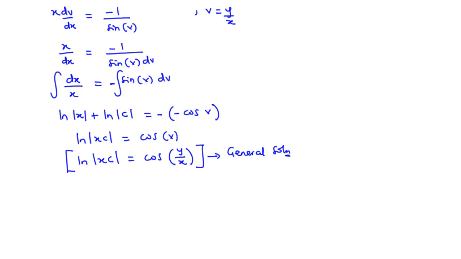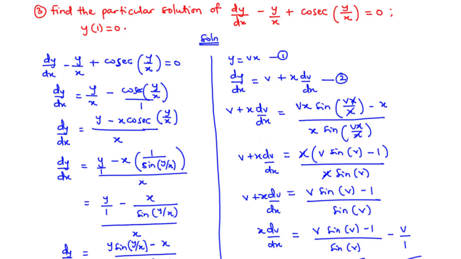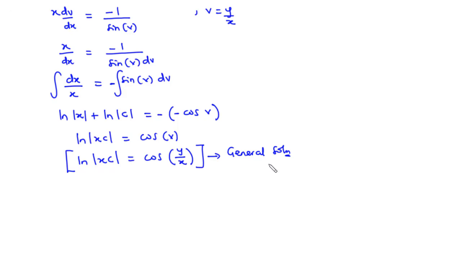Now, we were given the initial value condition, y of 1 equals 0. So for y of 1 equals 0, it means that x is equal to 1 and y is equal to 0. Therefore, we substitute the values of x and y into this general solution.